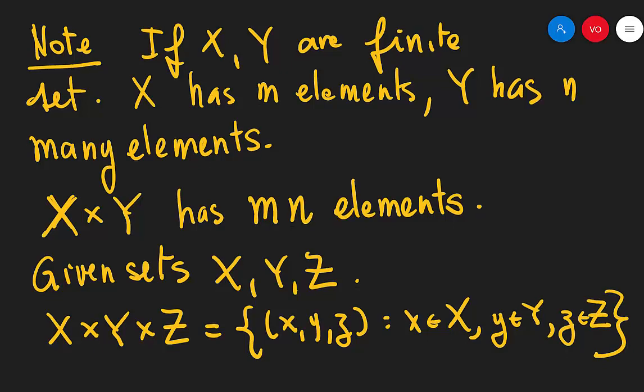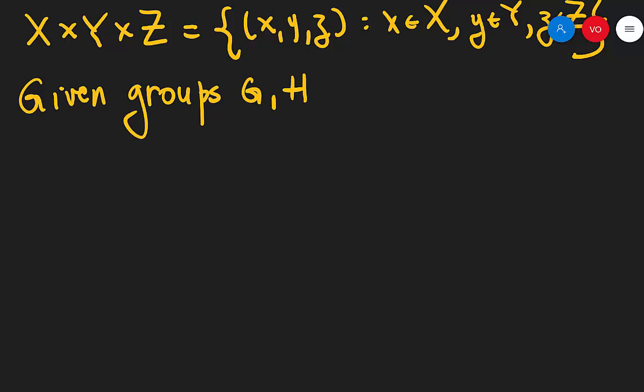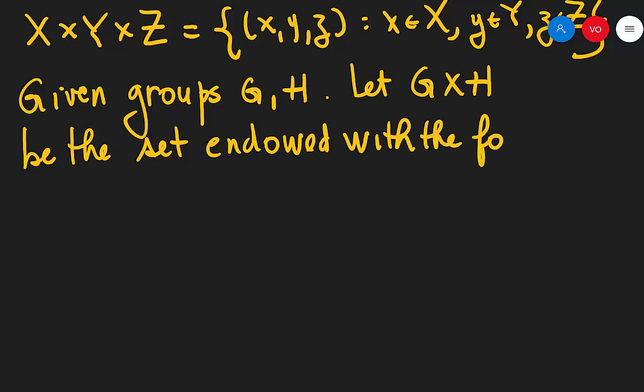Okay. Now, given two groups, G and H, let's consider G cross H, the set endowed with the following operation.